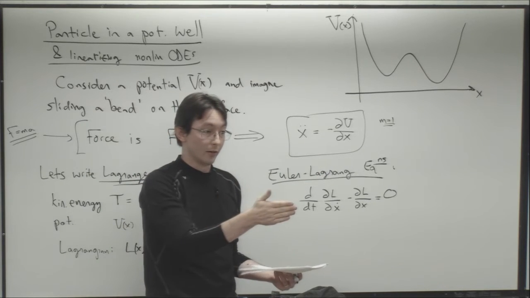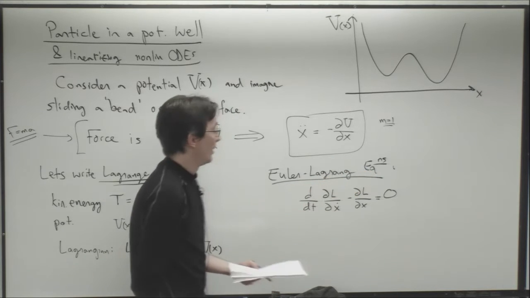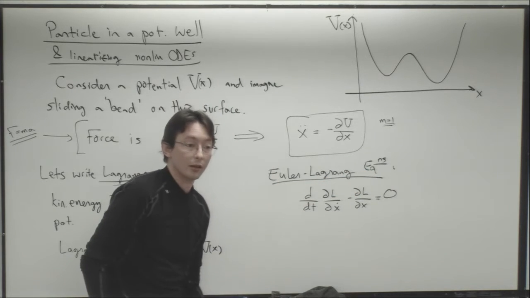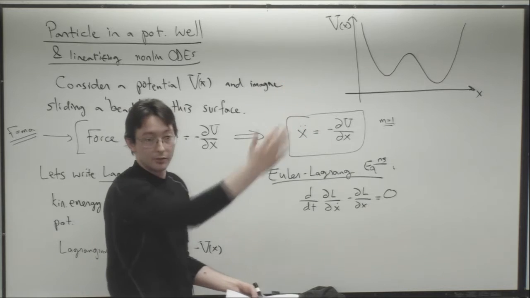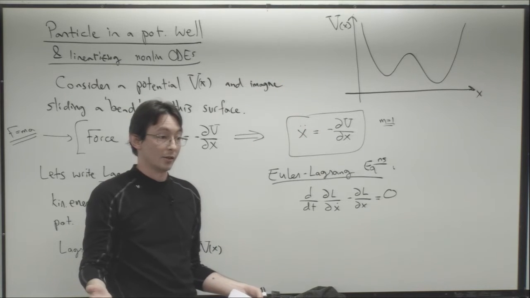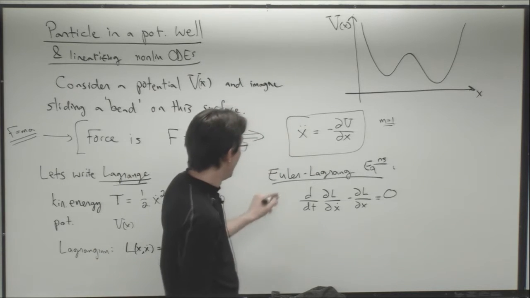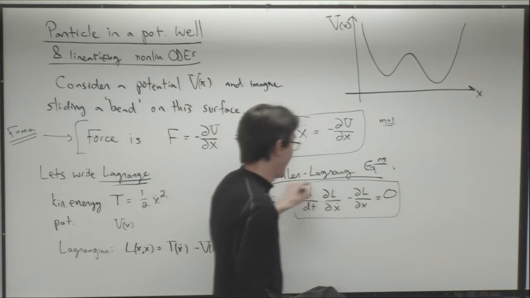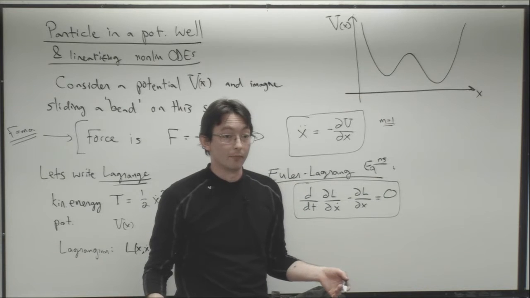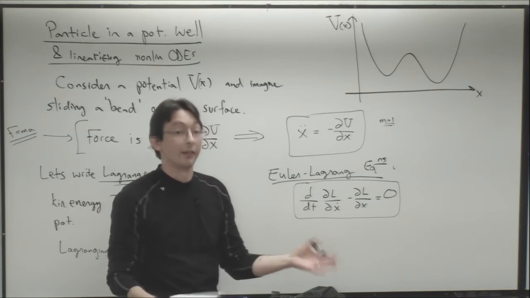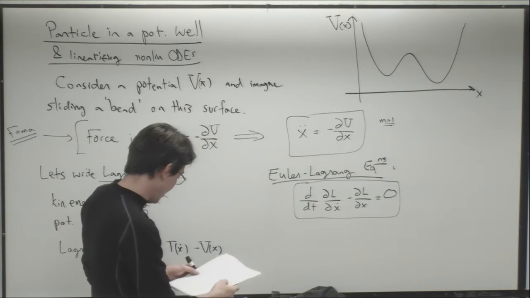Like if you have light going from air into water, it turns. It's because of the principle of least action. Balls rolling down a hill, the trajectory they take is because of the principle of least action. Quantum mechanics and relativity also satisfy the principle of least action. This is just the ODE form of the principle of least action. And you have to take my word for it. This isn't a physics class. I'm just writing it down.